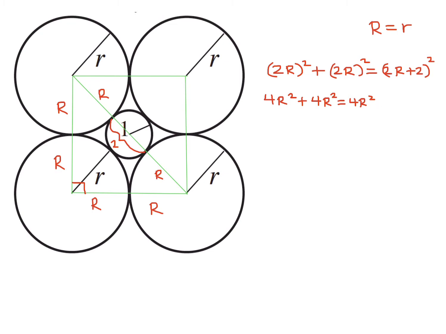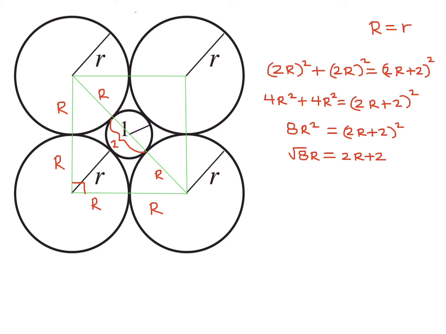Or actually, I don't think I need to expand it. It'll be probably quicker if I don't. Let's just not expand it. This gives me 8r squared is equal to 2r plus 2 squared. Now if I take the square root of both sides, I get root 8r is equal to 2r plus 2.